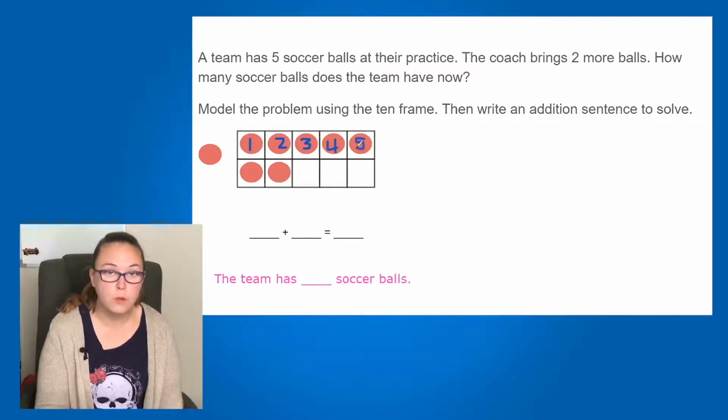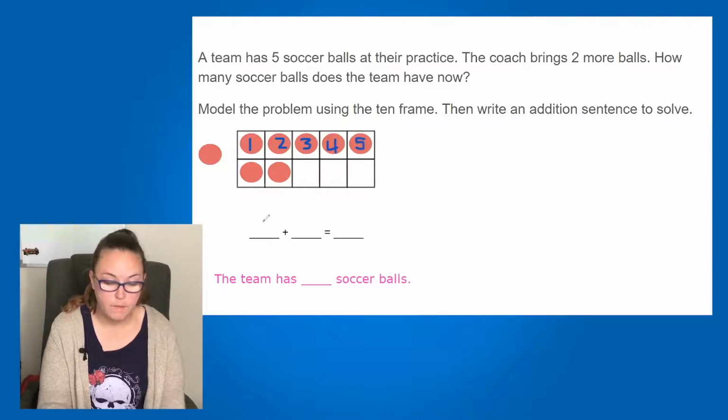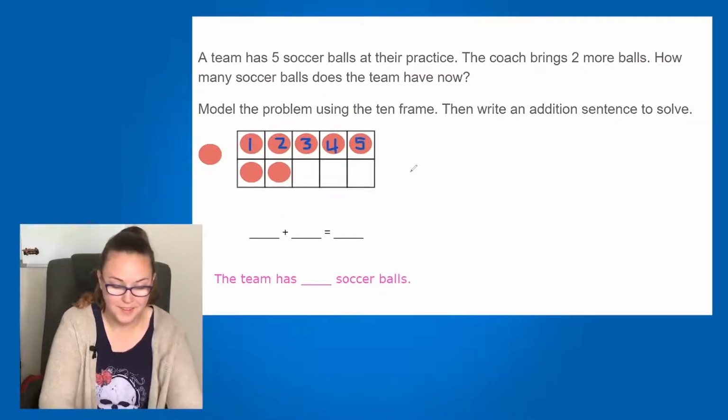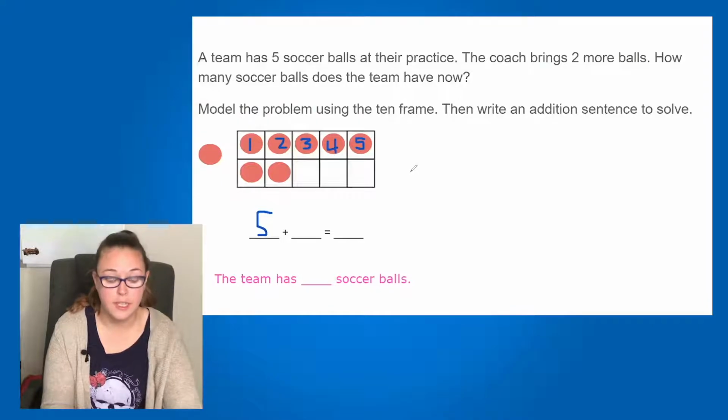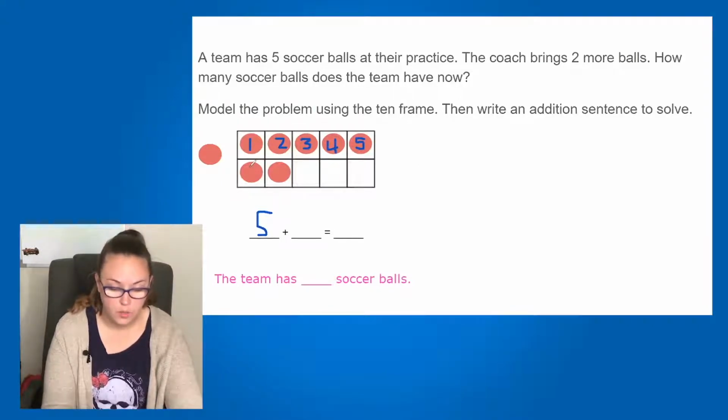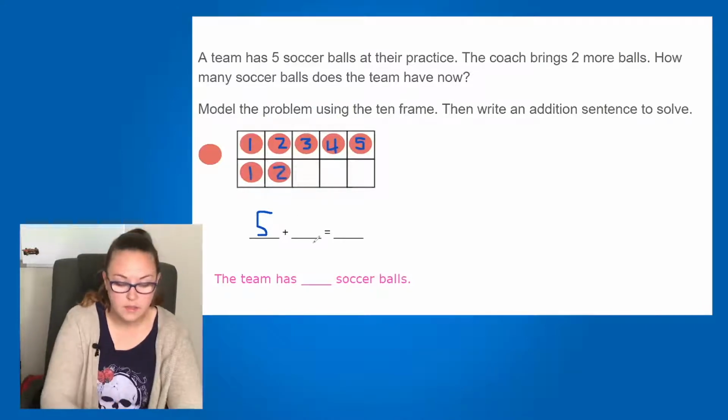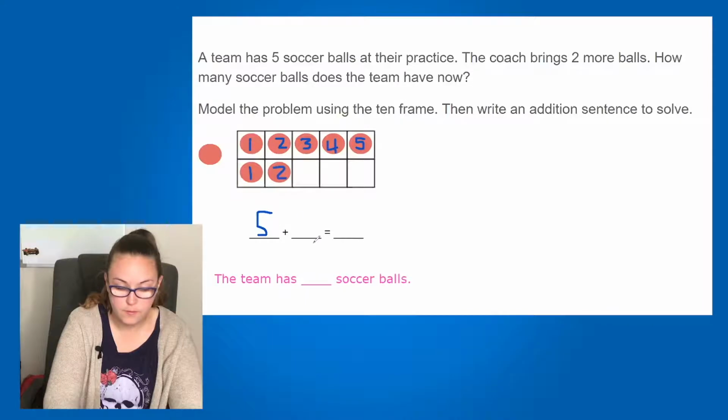So in one full row of a 10 frame, there are 5 counters. Now we have to count the number of red counters in the second row. How many are in the second row? 1, 2. So I'm going to add that to my number sentence. 5 plus 2. Now I'm going to do some erasing.